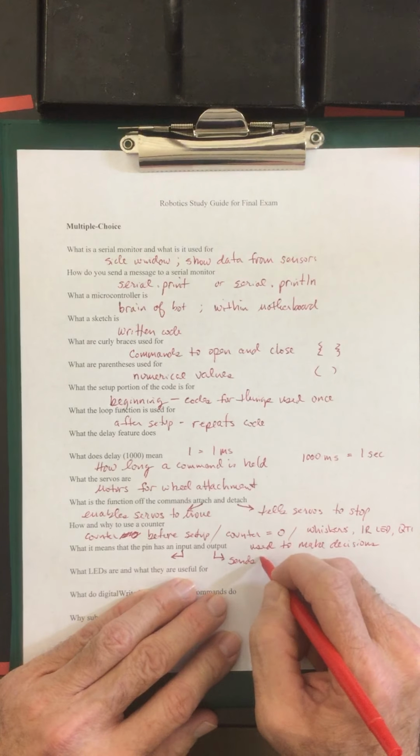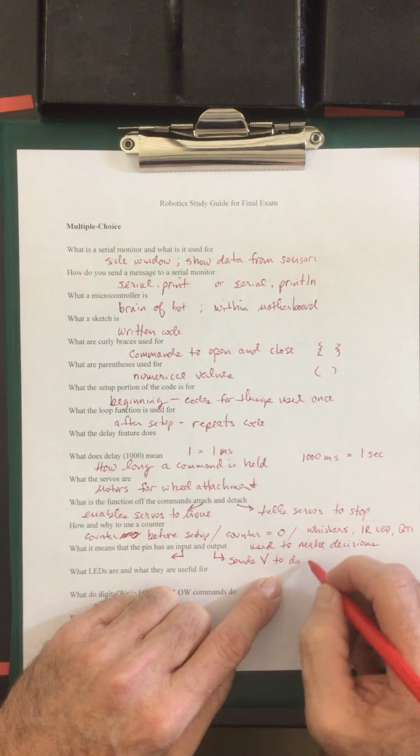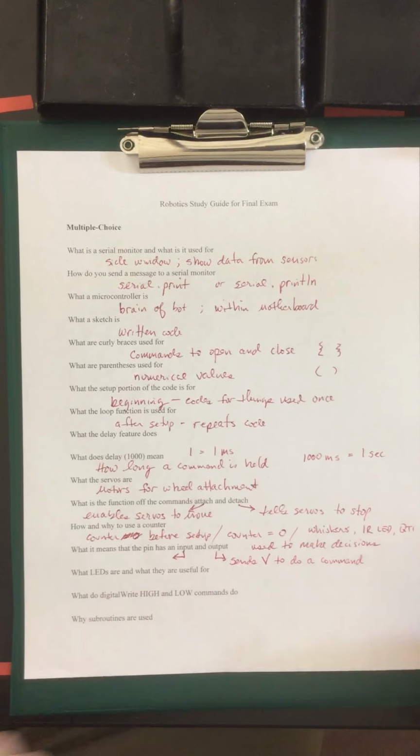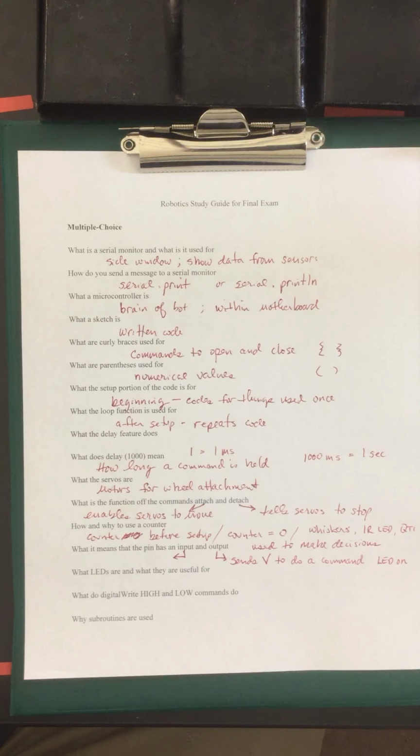I'm just going to put capital V for voltage because we're going to use that quite a bit. Like we want to turn an LED on. That's one example. We want to have the IR LEDs functioning and sending out signals.